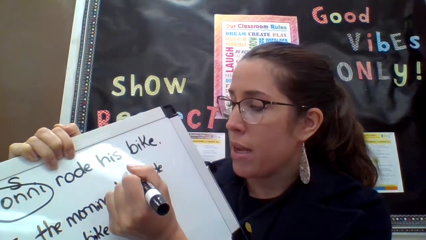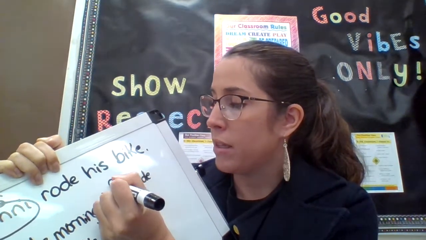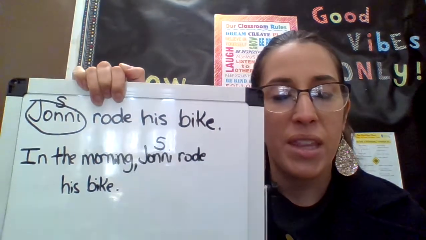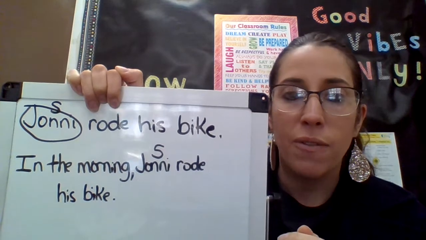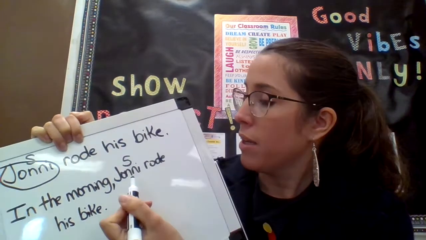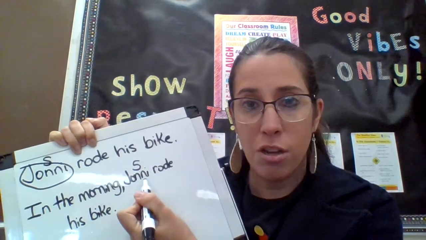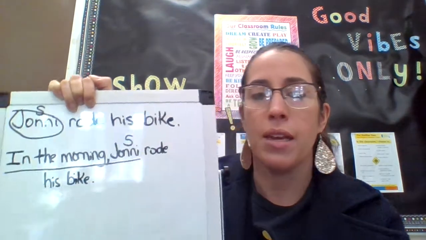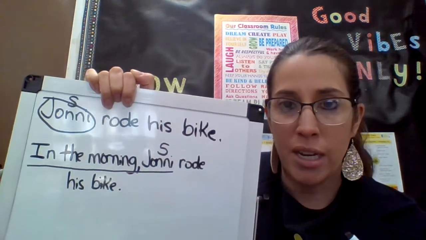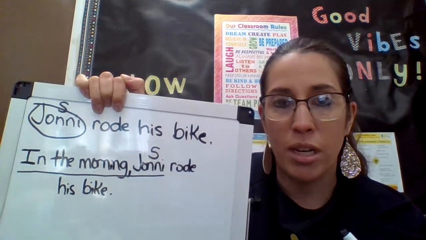So Johnny is still our subject, but that is just our simple subject. If I asked you to find a complete subject, that would be Johnny and all the words before it. So I'm going to underline in the morning, Johnny. That is our complete subject.